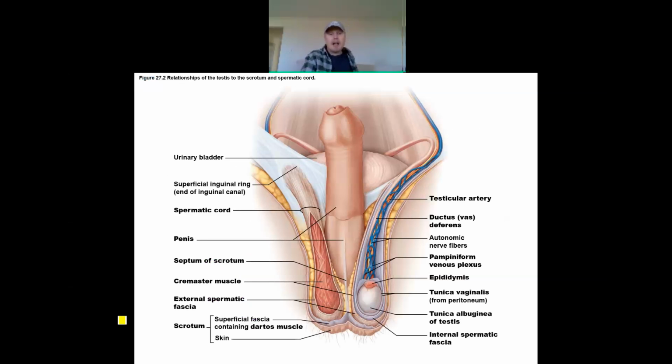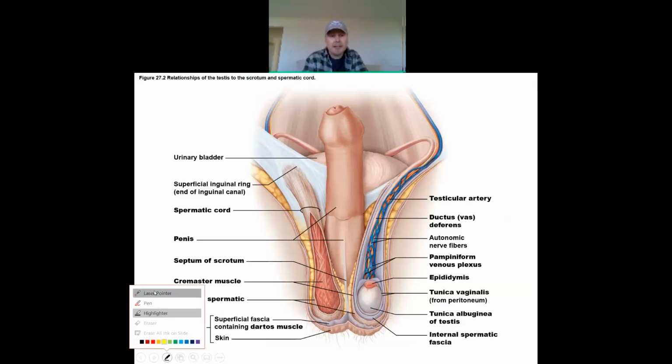The next slide, I have a bunch of slides about the male reproductive tract, just highlighting some of the things that we have already discussed. We see the scrotum nicely here, and we can also see the muscles pulling them up.